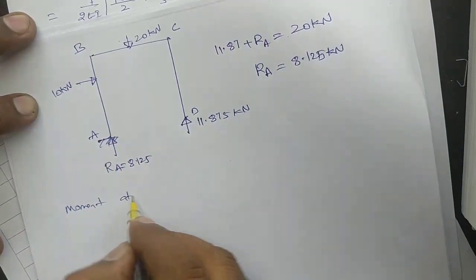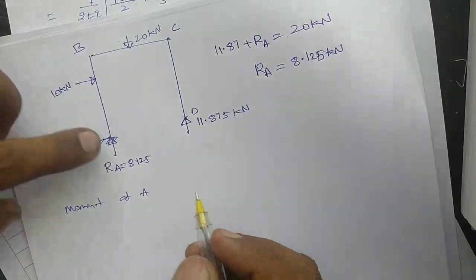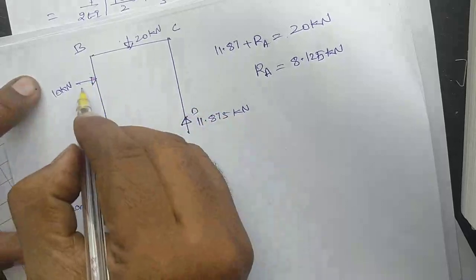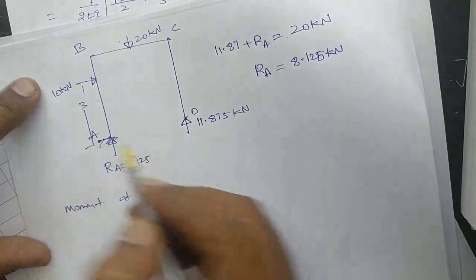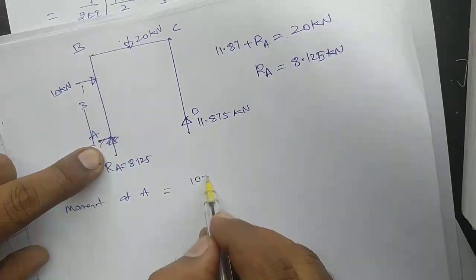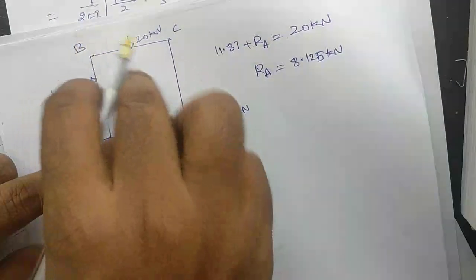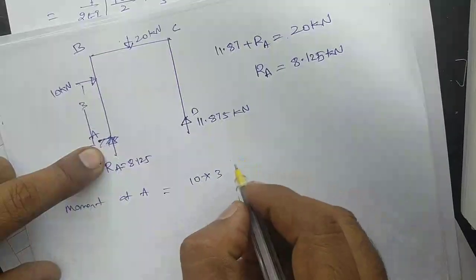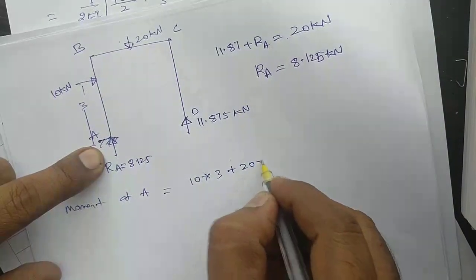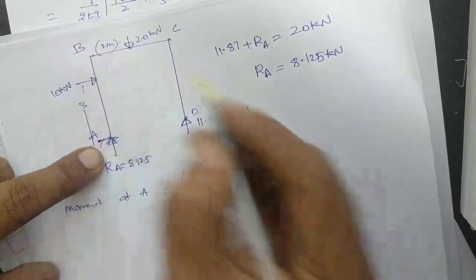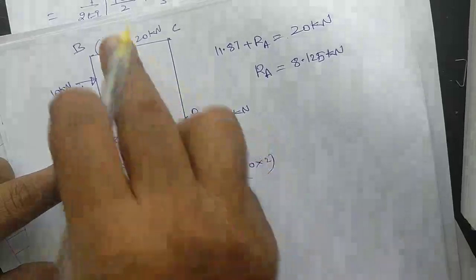Now we also want moment at A. Moment at A. So we'll find here. This is 3 meter, clockwise. 10 into 3. Again this is plus 20 into this is 2 meter, clockwise.